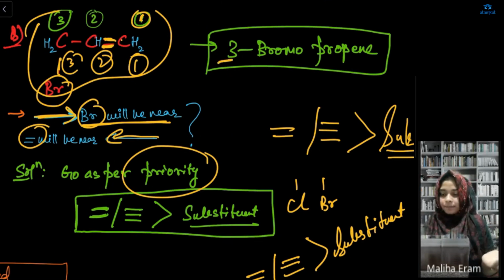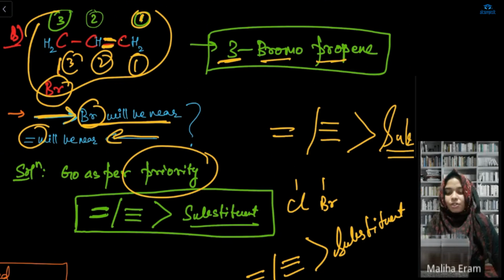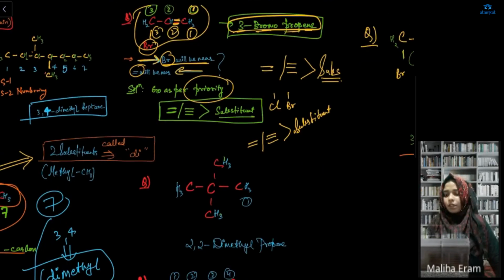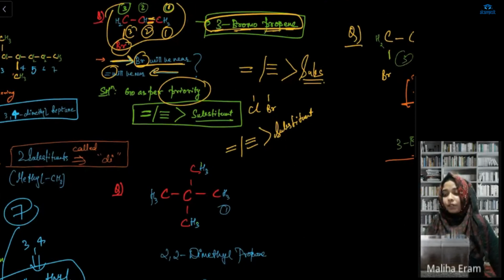So it will be 3, your bromo is there, Br, so it will be bromo. And how many carbons? Three carbons. Prop. But in the first numbering, your double bond is there, so it will be your ene. So 3-bromo and your propene. Okay, so there you have to give more priority to double or triple bonds against the substituent.